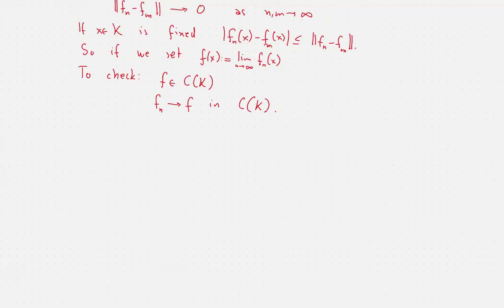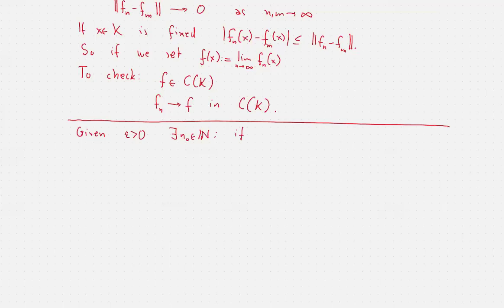So first of all, what we have is, given epsilon greater than 0, there exists n naught in N, such that if n is greater than n naught, then the absolute value of f_n of x minus f of x is less than epsilon for x in K. Okay, so let's establish this.